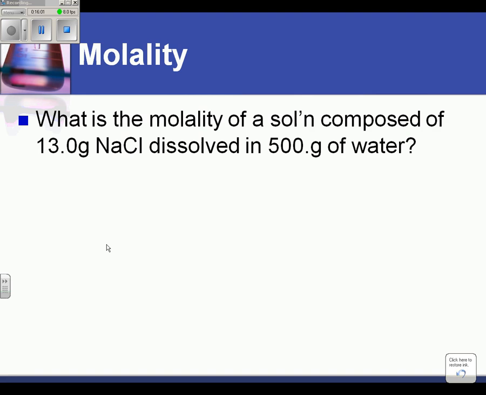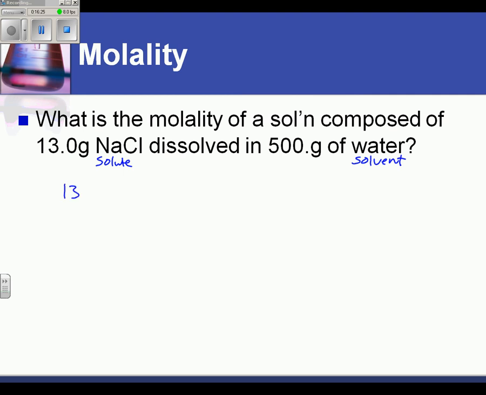Okay, to work a very basic molality problem, we have 13 grams of NaCl dissolved in 500 grams of water. This is my solute, and this is my solvent. Like I said earlier, water is a very popular solvent. Usually if it is present, it is going to be your solvent. So, we need our solute in moles.